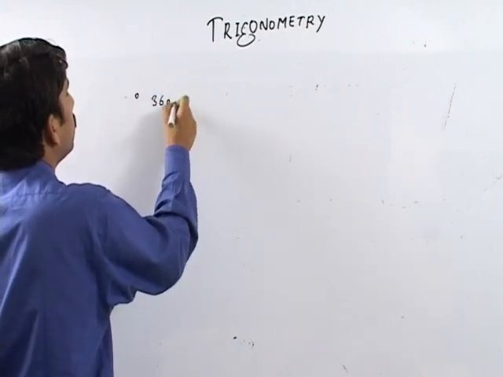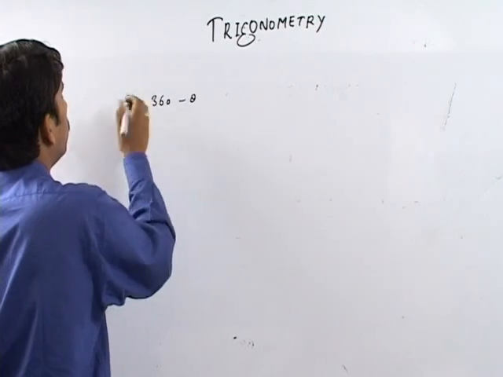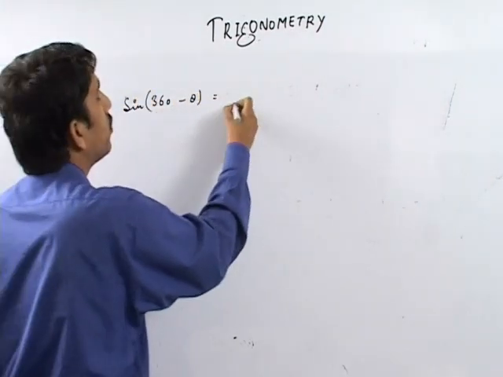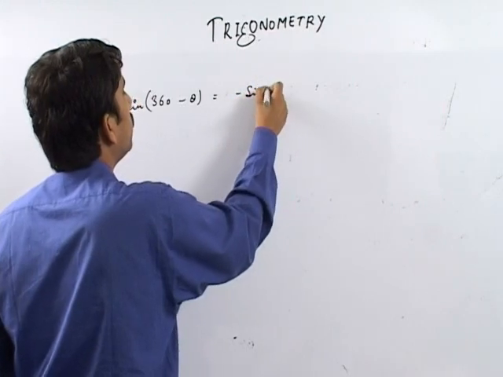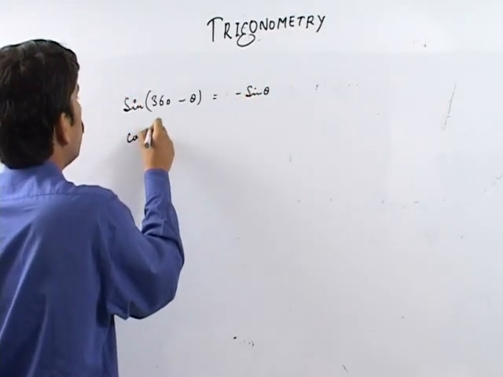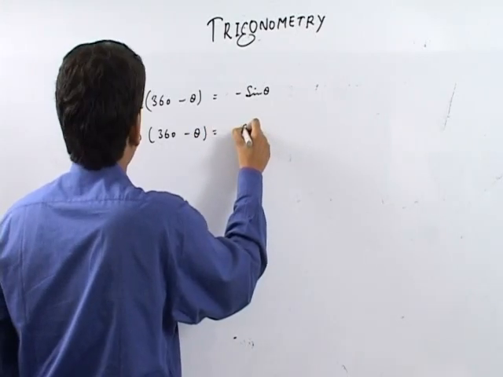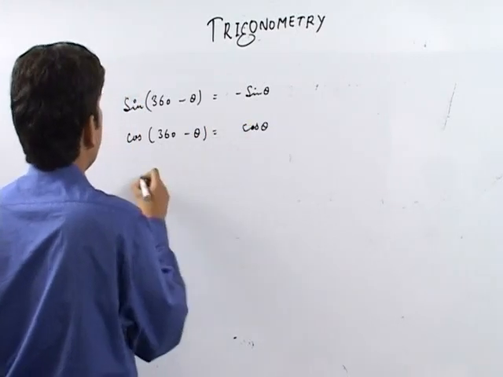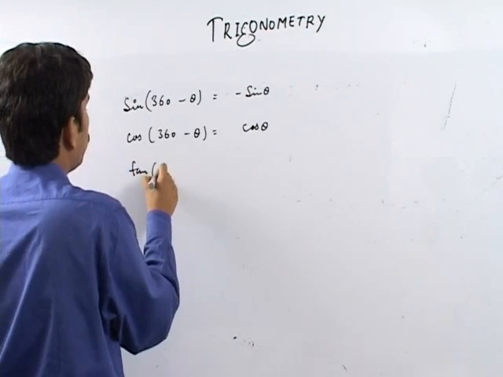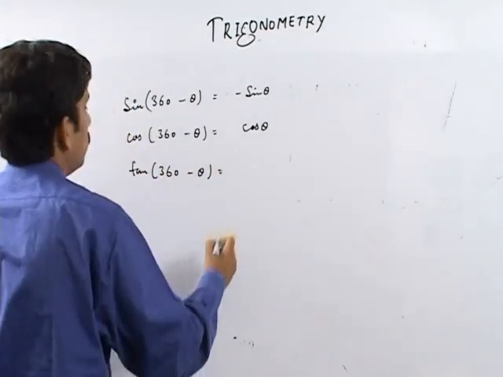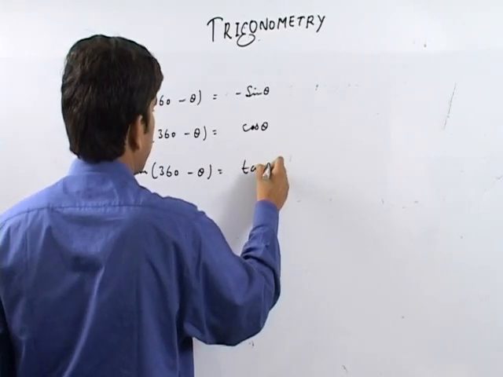360 minus theta. So sin of 360 minus theta will be equal to minus sin theta. Cos of 360 minus theta will be equal to cos theta only. Tan of 360 minus theta is equal to minus tan theta.